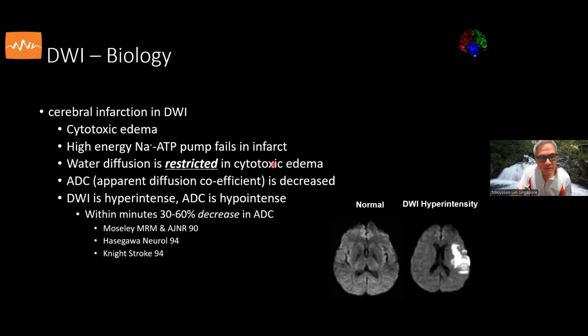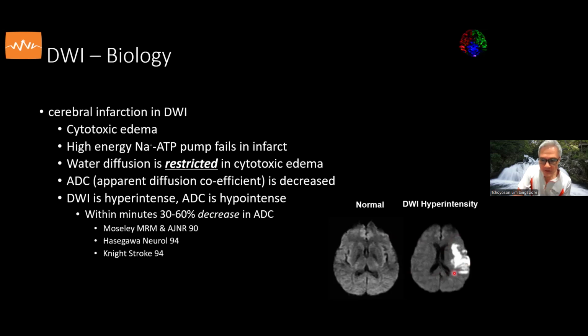As a result, the ADC is decreased and DWI is hyperintense, as shown in this patient with partial MCA territory infarction. So the very early experiments done in the 90s showed that there was a tremendous decrease in ADC, all happening within 15 minutes of occlusion of the middle cerebral artery.